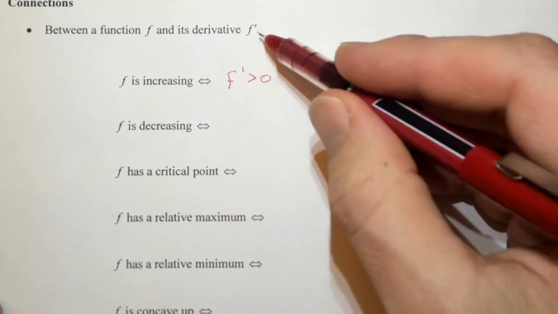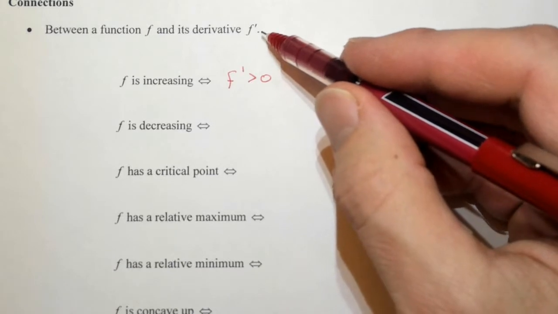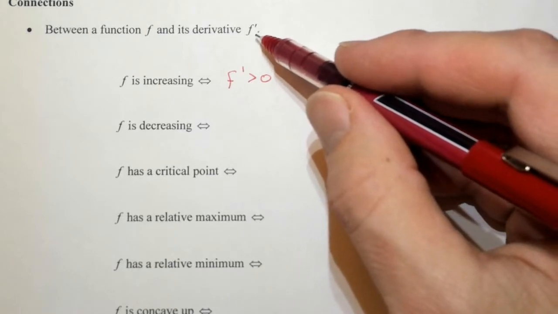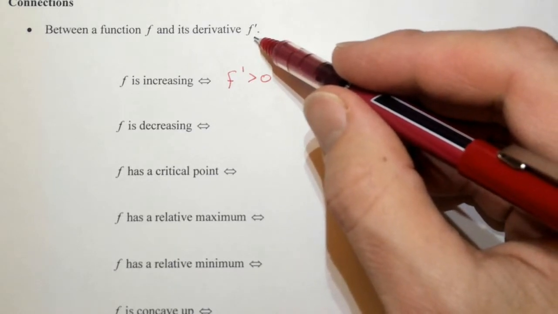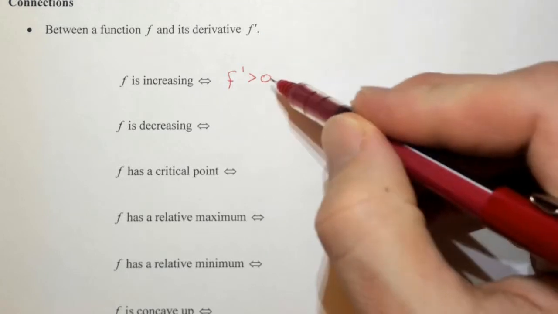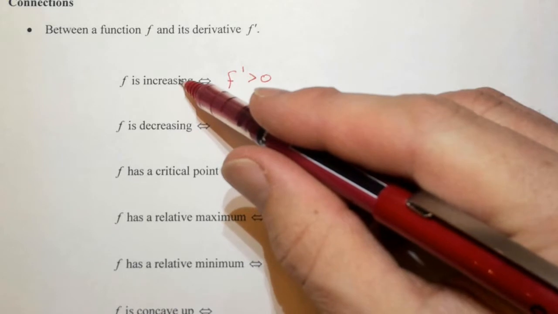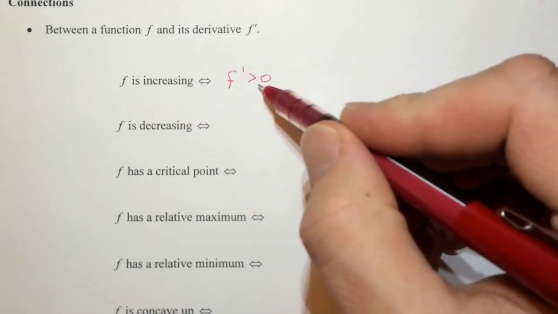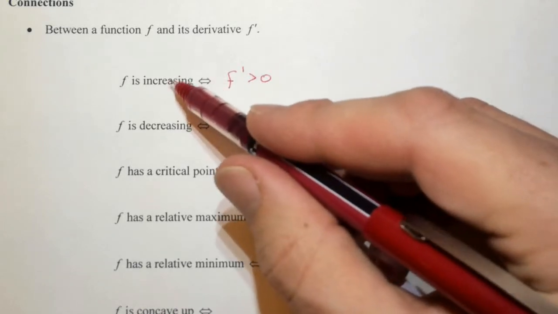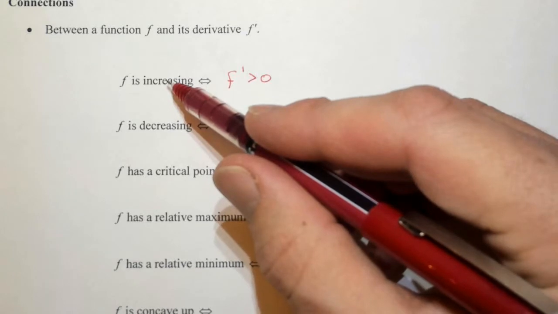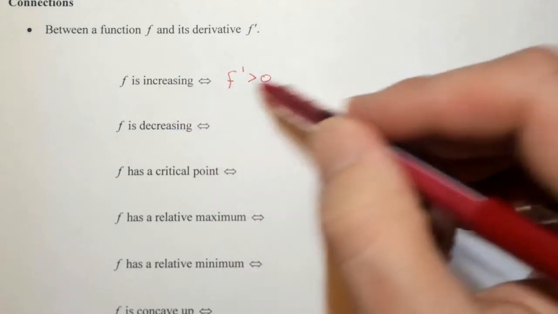Remember, the derivative is the slope of the tangent to the curve. So we drew a whole bunch of slopes on our graph, and it turns out that those slopes were positive when our function was increasing. So that means the derivative is positive when the function is increasing, and the function is increasing when the derivative is positive. It goes both ways.